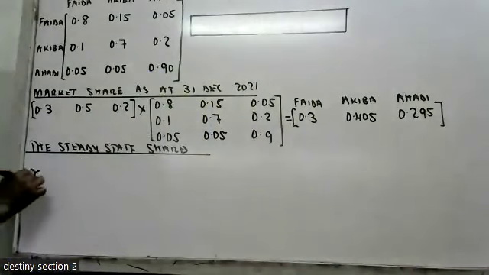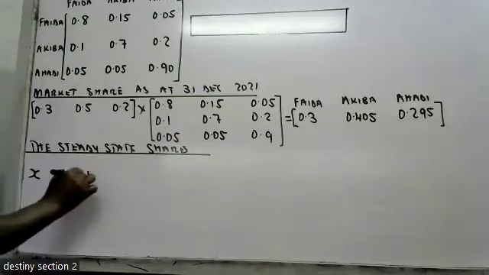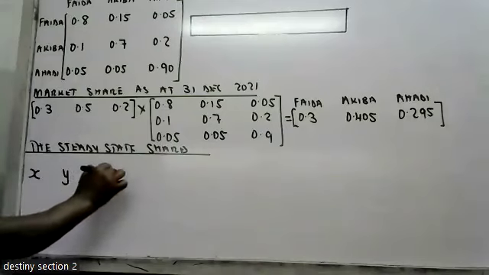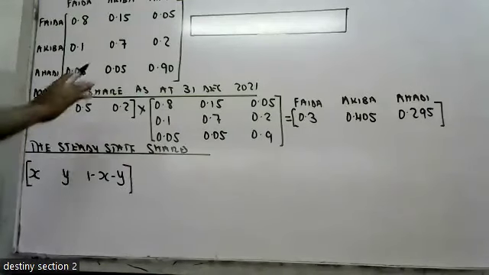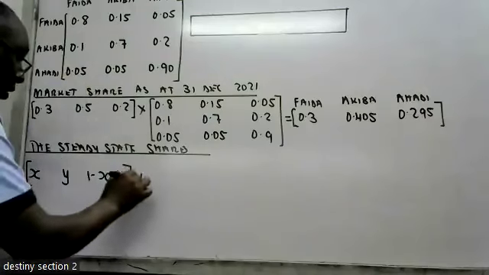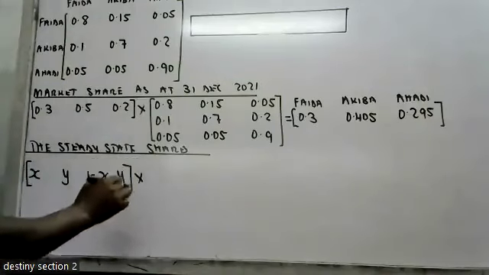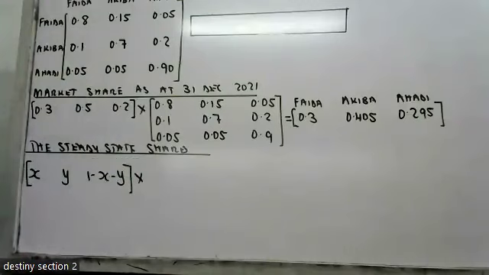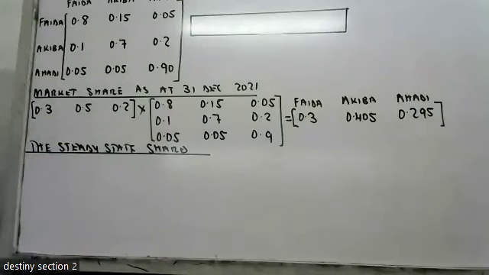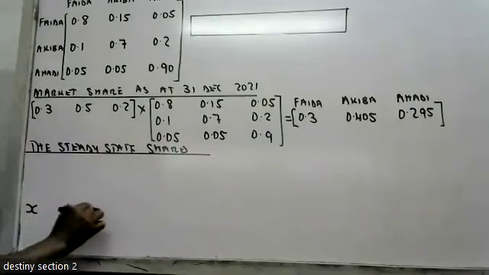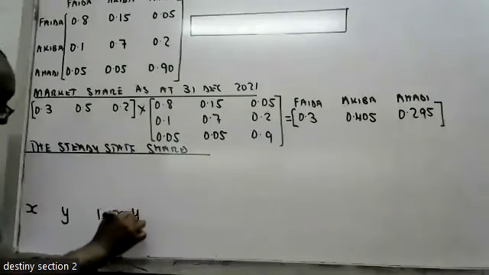Unasema this is X, this is Y, this is 1 minus X minus Y. That way, but hata ukituambia let, like what we did with the other one, no harm. Let me transfer it kuja hapa chini so that I'm able to get enough space for the workings. So this is X, Y, 1 minus X minus Y.